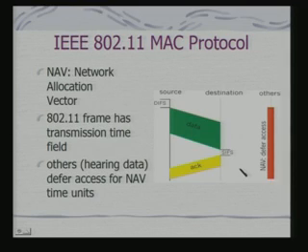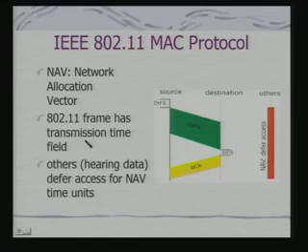So, it is not like an exponential back off. The back off is with regard to a NAV, that is the defer time period, which is specified through the network allocation vector. And 802.11 has a transmission time field, which also tells you the time required for such a transmission to take place.